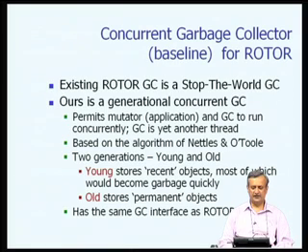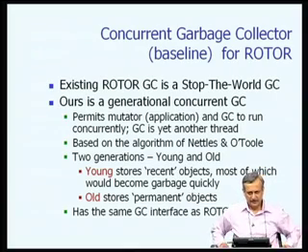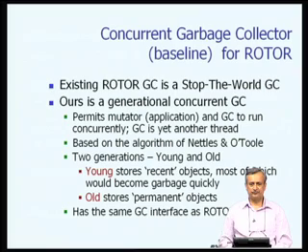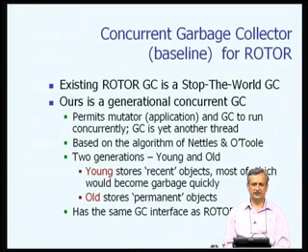So, GC is yet another thread, and it is based on the algorithm of Nettles and O'Toole. This is a fairly well known concurrent garbage collector. That is what we are using, and we are using only two generations. One is the young generation and the other is the old generation.